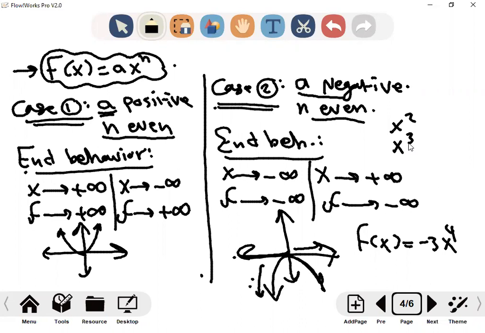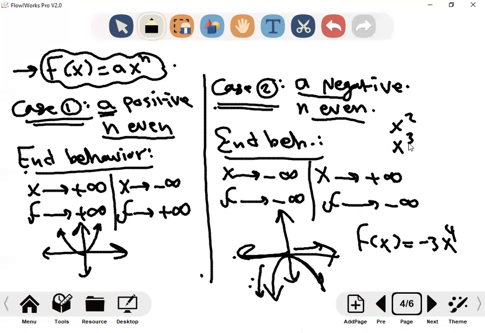Got it? Again, if you put positive and negative numbers in place of x, the answer is always what? Positive. The even power will not give you a negative value. But power 3, an odd power, not only power 3, power 5, 7, 9, whatever. If you put positive, the answer is positive. If you put negative, the answer is negative. Got it? So the even powers always give positive.